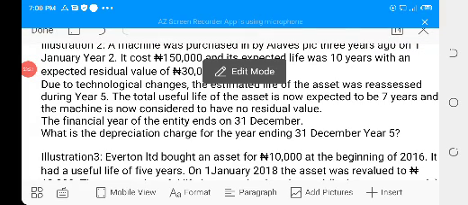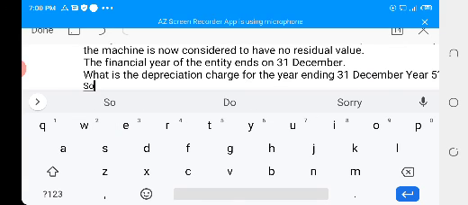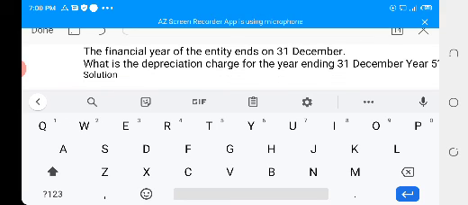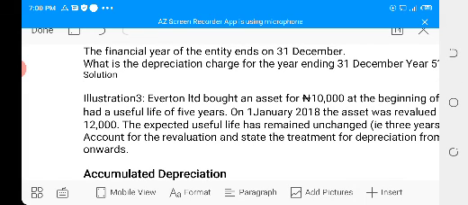So let's look at this solution together. For the solution, we are asked to calculate the depreciation for 31st December of year 5.